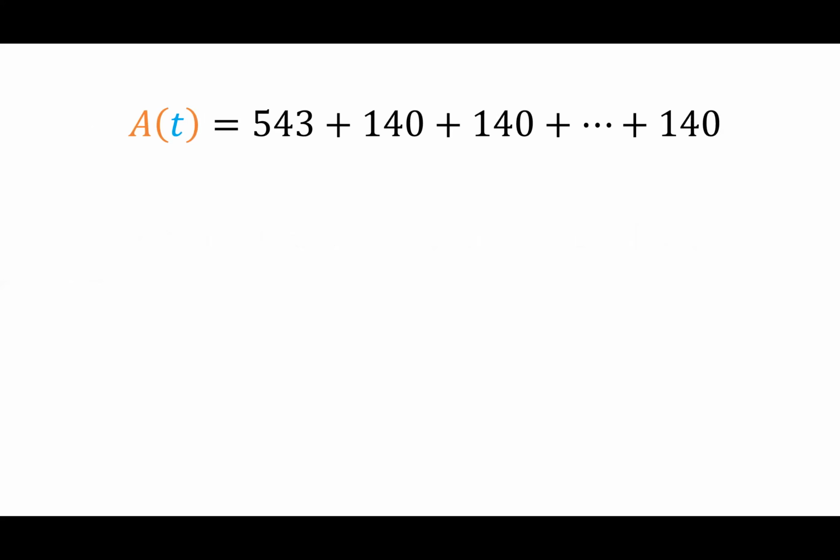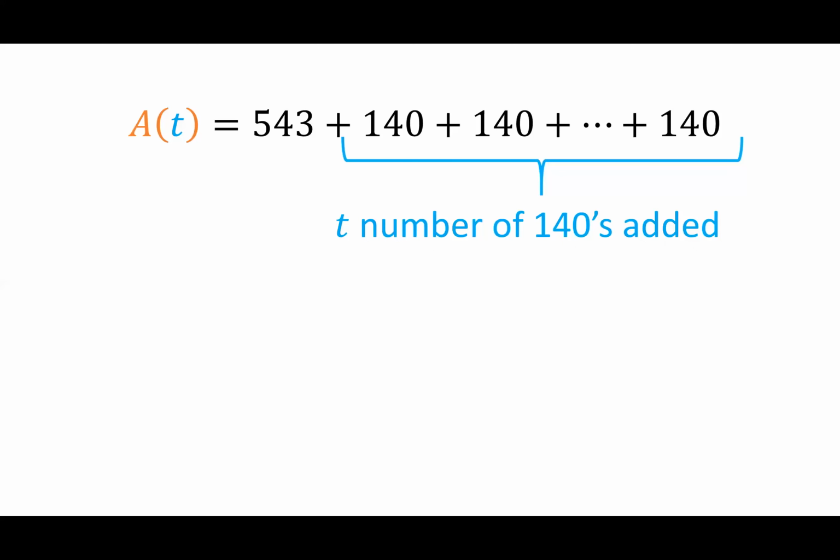Let's start with just t. So if I start with t as some number of years, if I want to find out how much coal ash there is, I'm going to take 543 and I'm going to add t 140s. If I think of multiplication as repeated addition, what I'm really saying here is 543 plus 140t. And now I've got an equation.